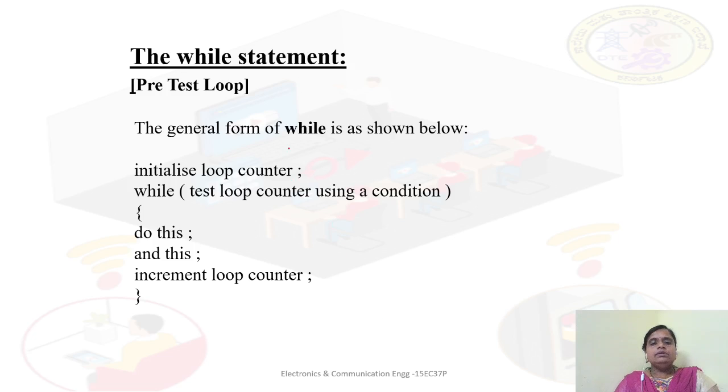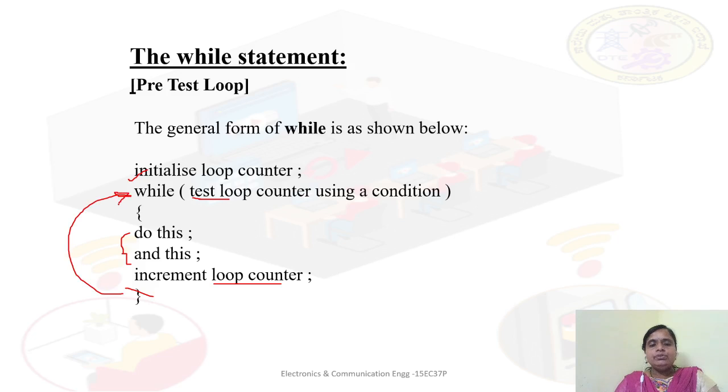Here the detailed syntax of the loop is: we first initialize a loop counter. Then we test the condition, and if this condition is true, we execute some statements. Then we increment the counter, and again we test it with the given expression.